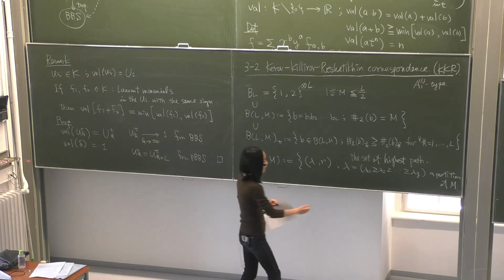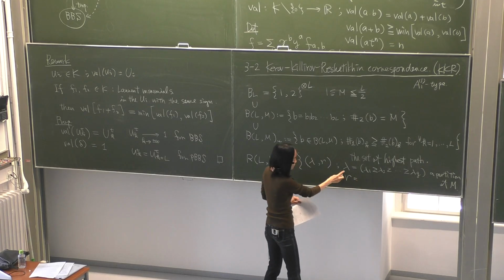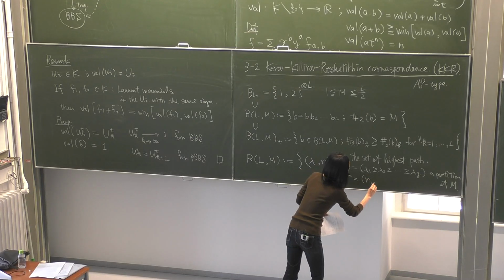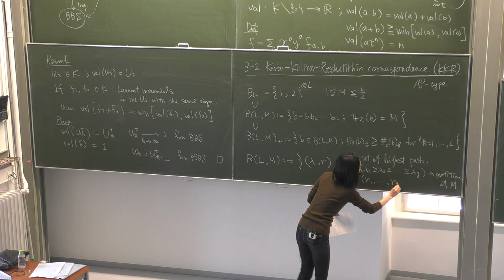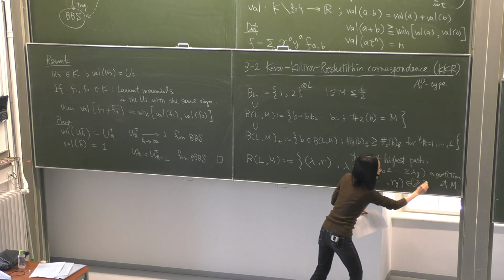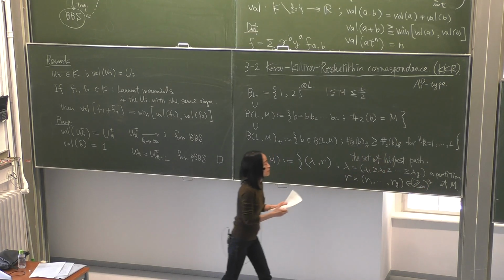And for this partition lambda, we define R as a sequence of G positive integers. Non-negative integers, sorry.